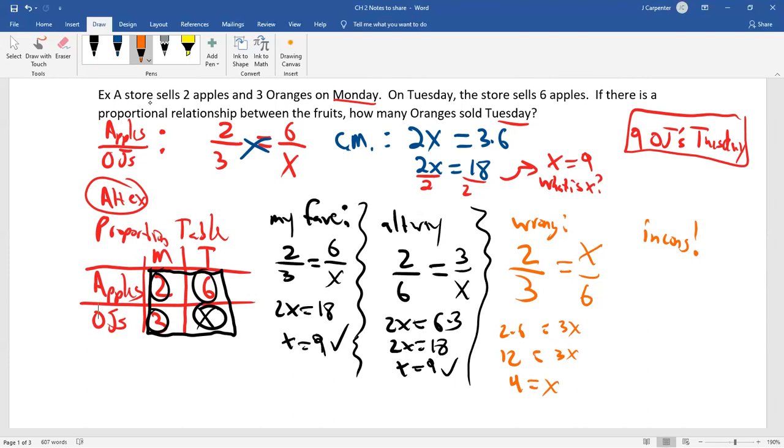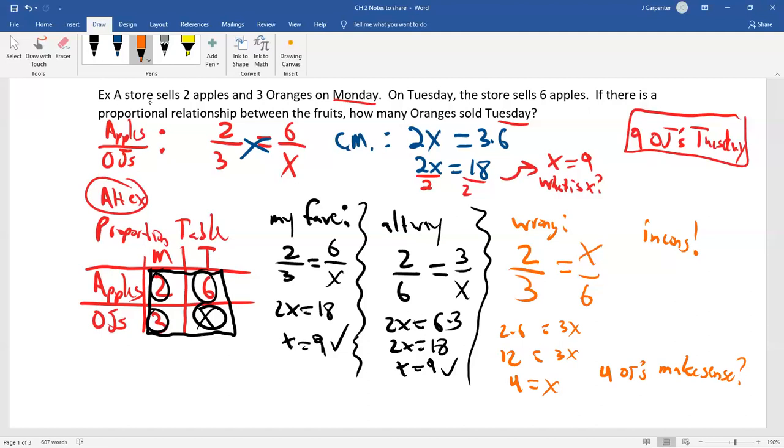Remember, when you get these answers, you're supposed to be saying, does it make sense? This was oranges, so 4 oranges. Does it make sense? Well, the apples went from 2 to 6. They went up, I would say significantly, whereas the oranges went from 3 to 4. There were more oranges to begin with, and the increase was smaller than the apples, of which there were less.